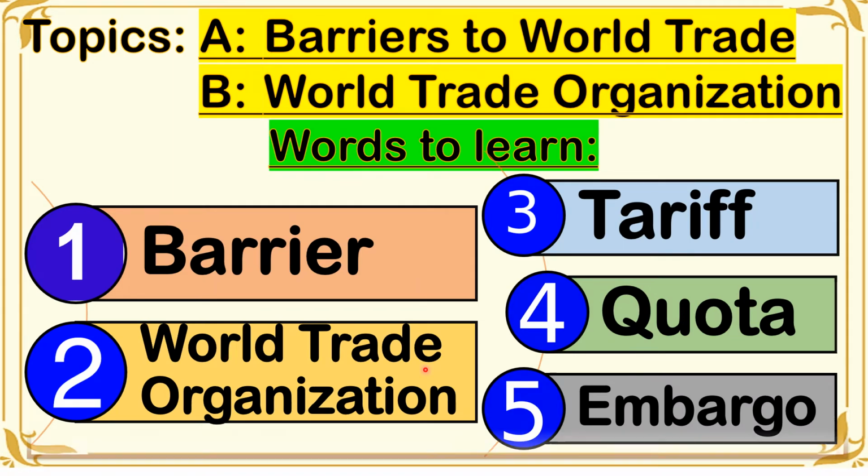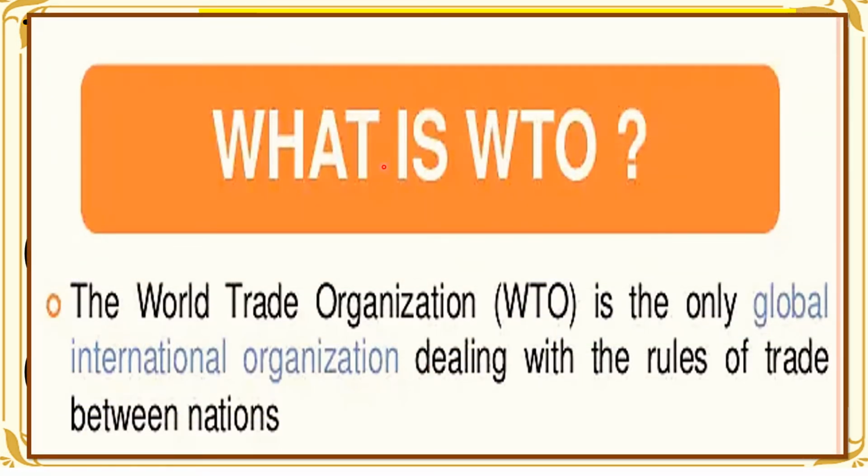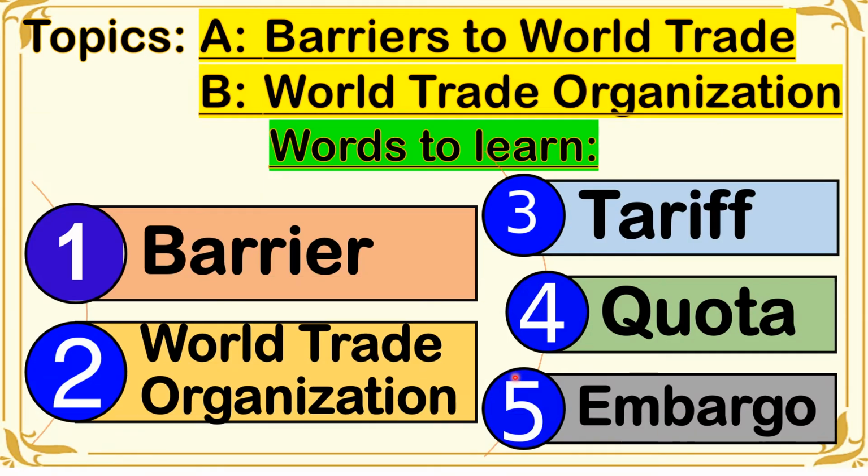Next word is World Trade Organization or WTO. It is the only global or international organization dealing with the rules of trade between nations. We have to set rules and make sure that they are being implemented and followed so that the trade will be done equally and smoothly.